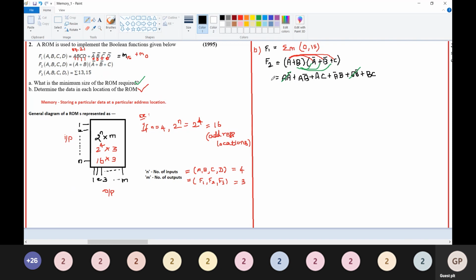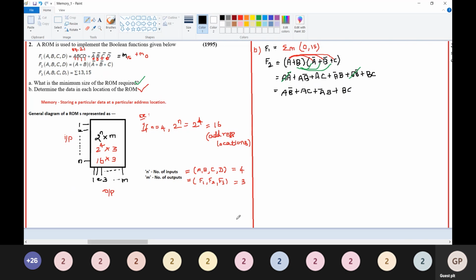So the terms left are AB' plus AC plus A'B plus BC. Now we have to find the corresponding minterms. Either you can insert the missing letters or you can plot the corresponding ones in the four-variable K-map. Whichever is easy, you can follow it.